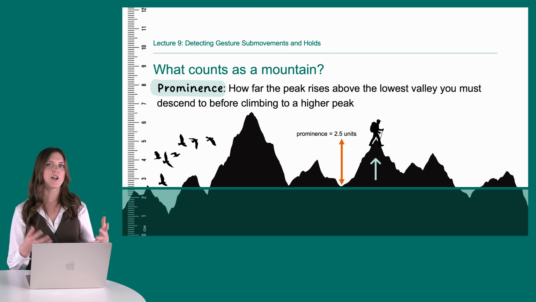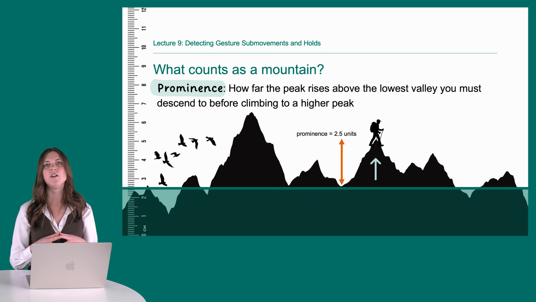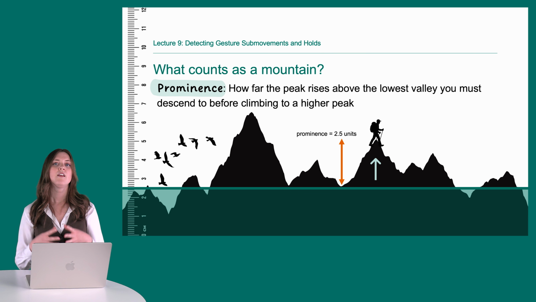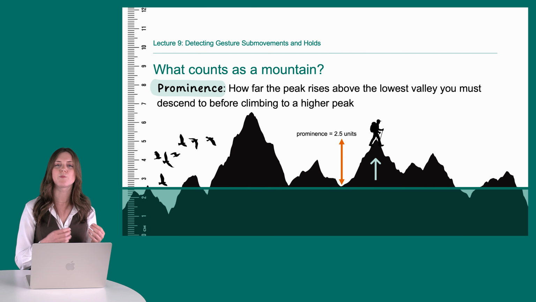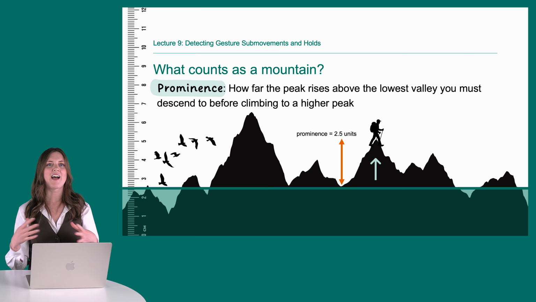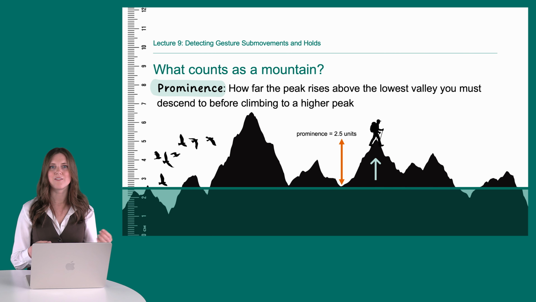So in our motion tracking analysis, we will also set a threshold for prominence. For example, we could say that in order to be considered a speed peak, the speed must be at least 1.5 units per second higher than the valley connecting it to a taller peak.